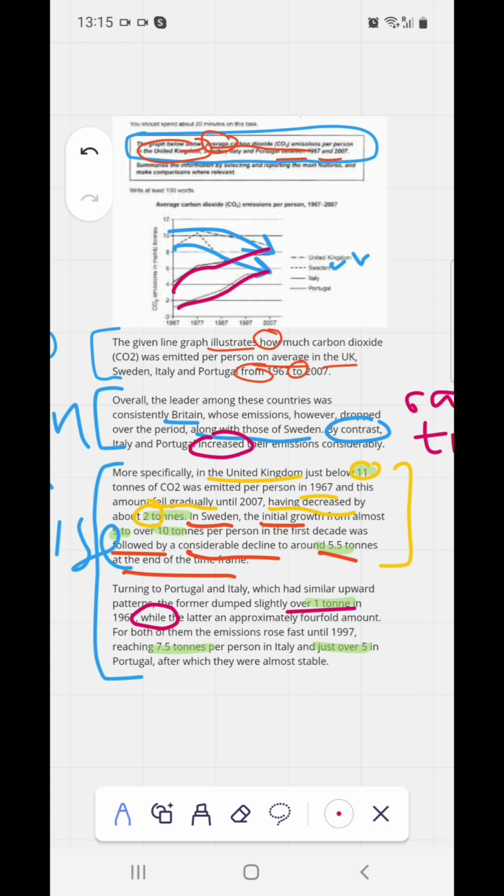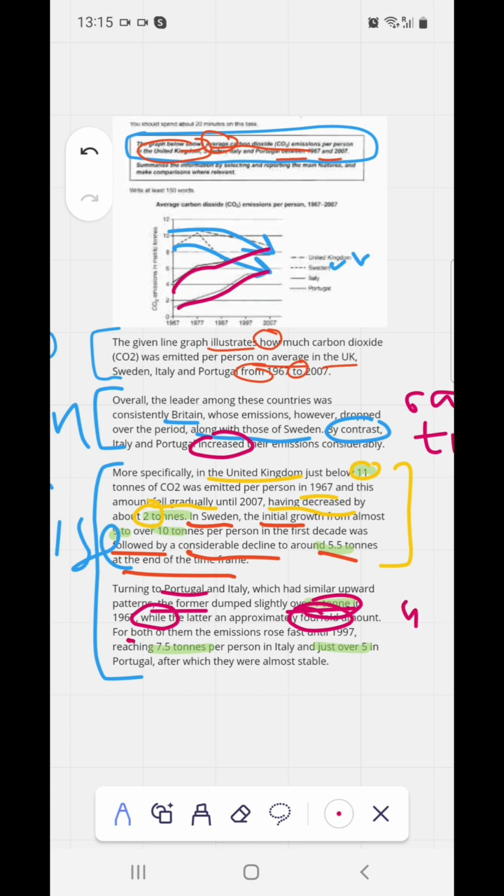So the former, Portugal, dumped slightly over 1 ton, and the latter an approximately fourfold amount. So we contrast their amounts. We say that there it was 1 ton, and in Italy it was a fourfold amount. It means 4 tons.